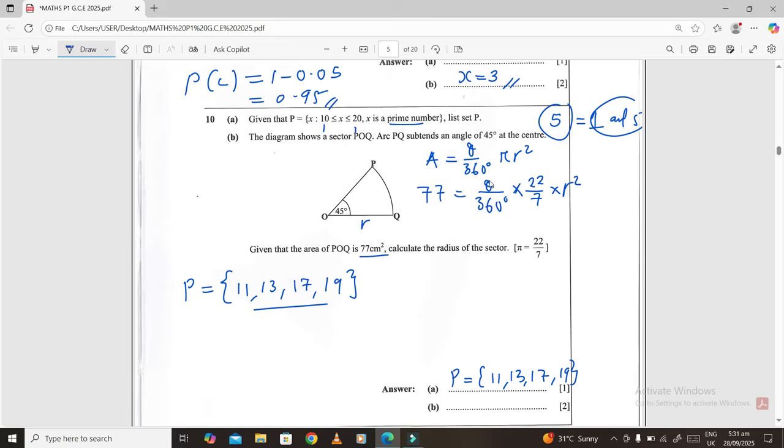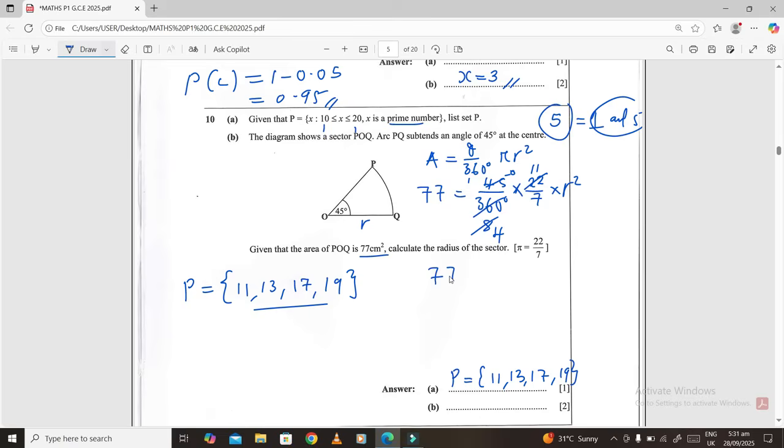So for theta here we've been given 45 degrees. So 45 into itself is 1, into 360 it's 8, 22 there, so 2 into 22 is 11, into 8 is 4.